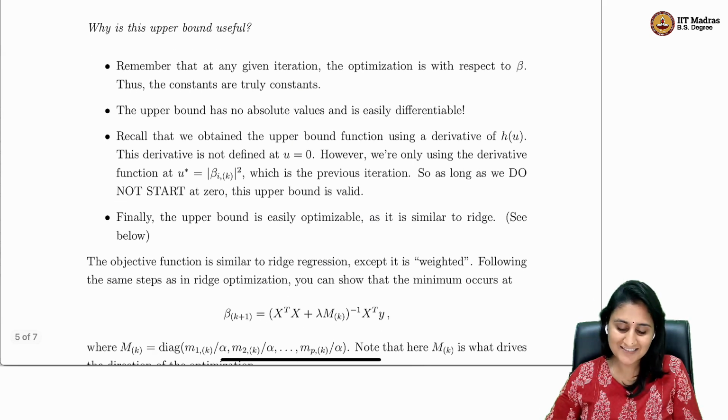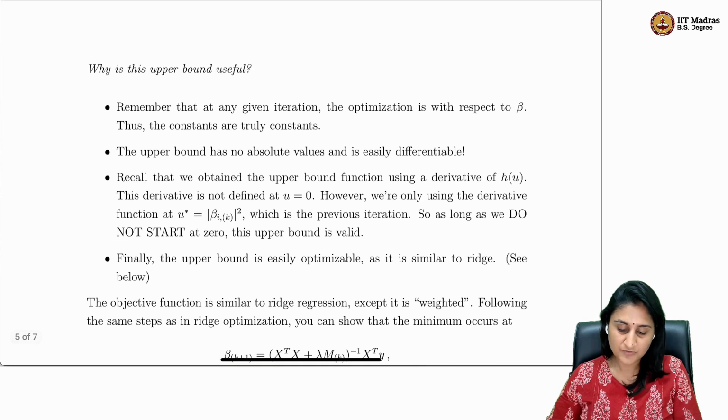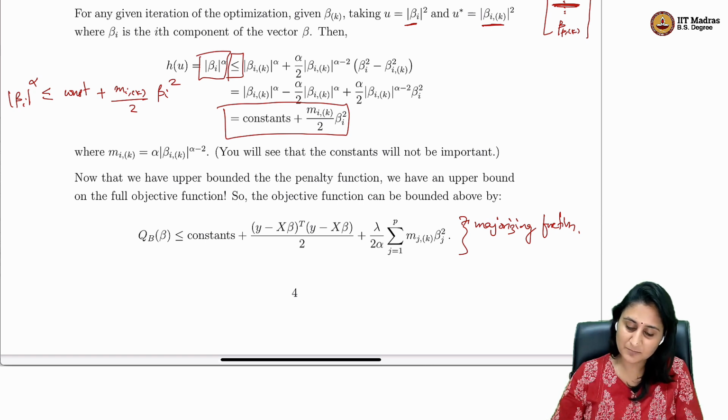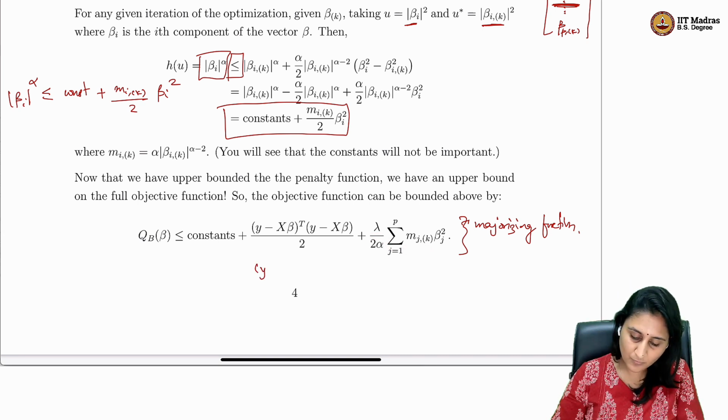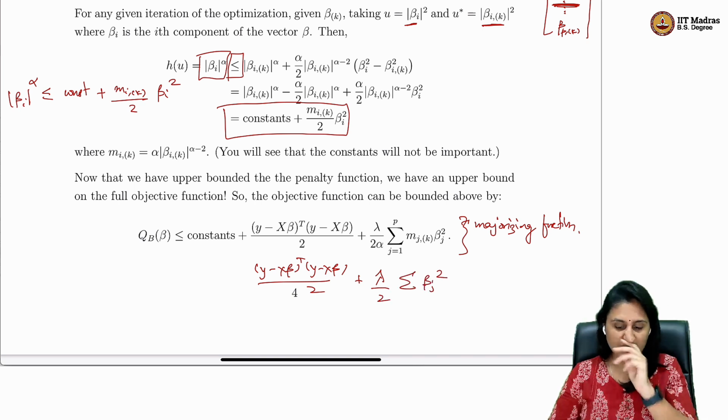Finally, the upper bound is easily optimizable as it is similar to ridge regression, and we'll see what we're talking about. So if I look at my objective function here, now what does it look like? It is beta j squared. There's another constant over here, and there's some number over here. But it basically looks very similar to y minus x beta transpose y minus x beta by 2 plus lambda by 2 summation beta j squared, which is what we used to have in ridge regression.